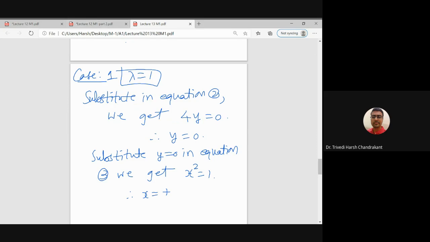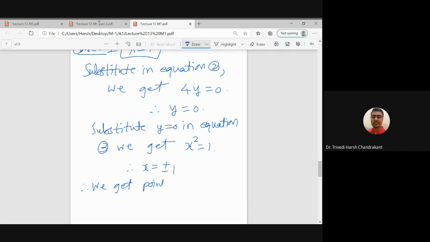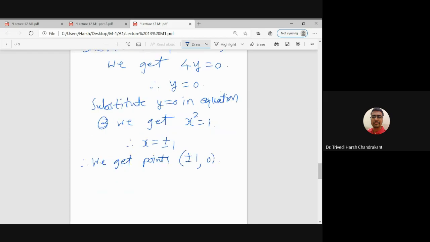Right. So what points we got: the value of x is plus or minus 1 and the value of y is 0.